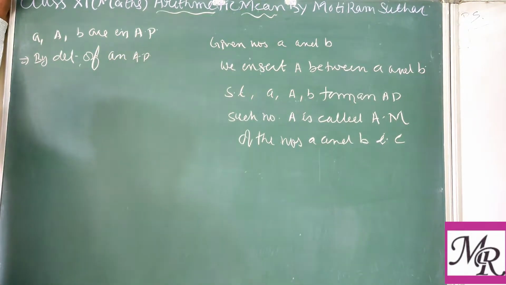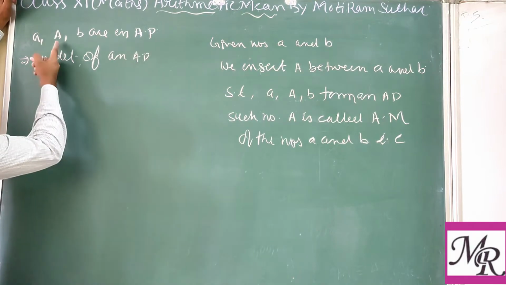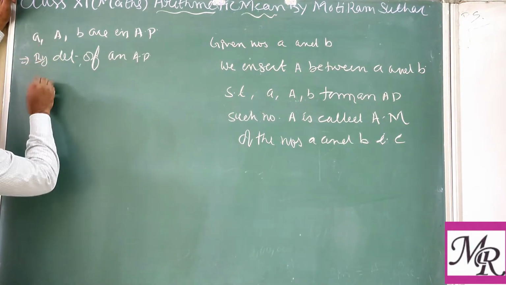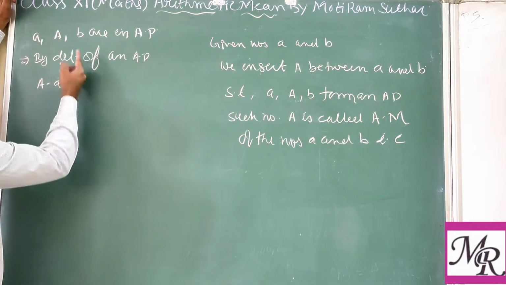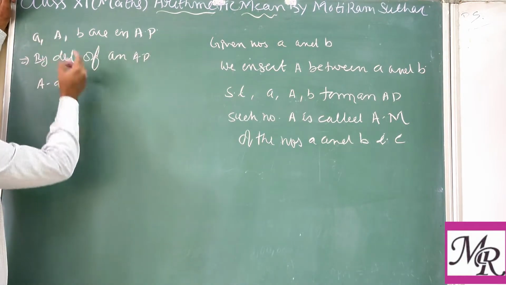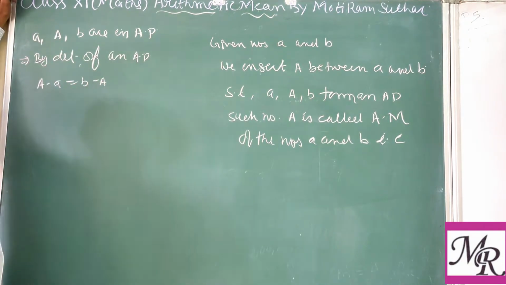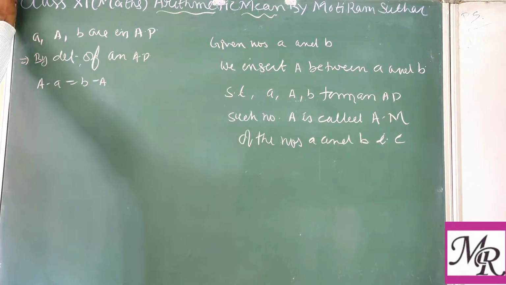By the definition of an AP, what does it say? The difference of the second and first should be the same as the difference of the third and second. This property should be fulfilled because these numbers form an AP.